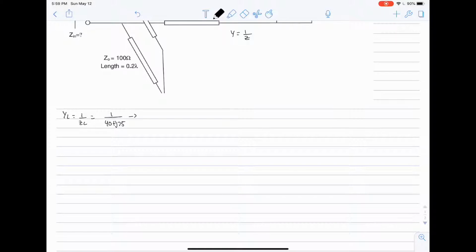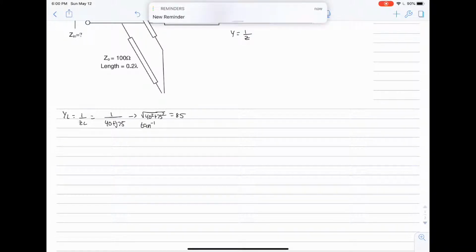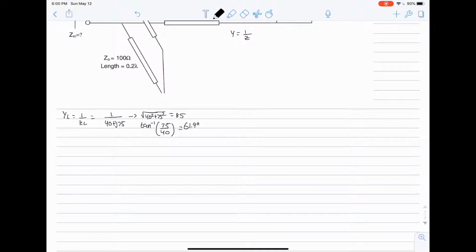So it's going to be the square root of 40 squared plus 75 squared, which is 85, and tan inverse of 75 over 40, which is 61.9 degrees. So that is 1 over 85 and 61.9 degrees.